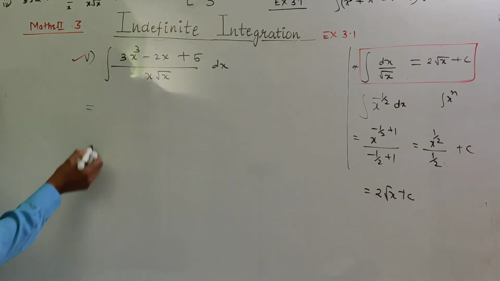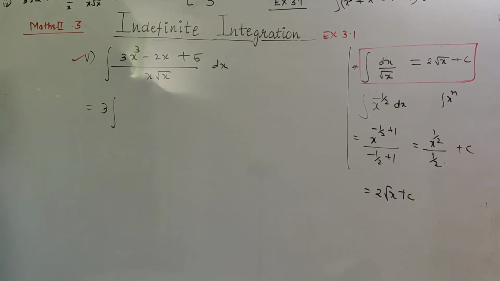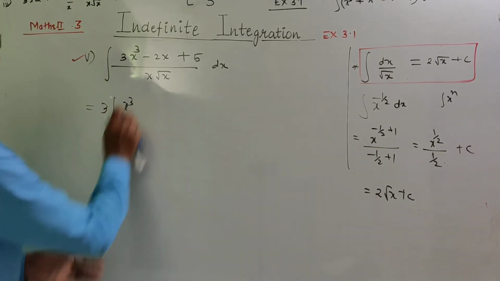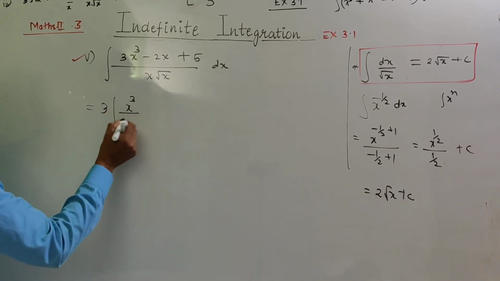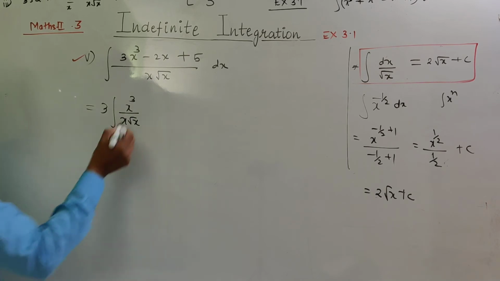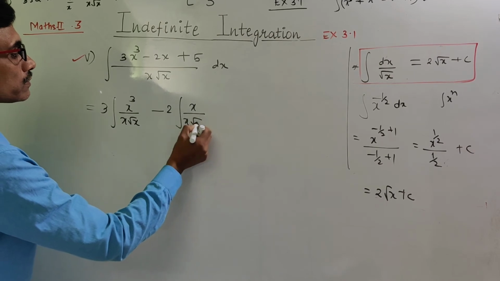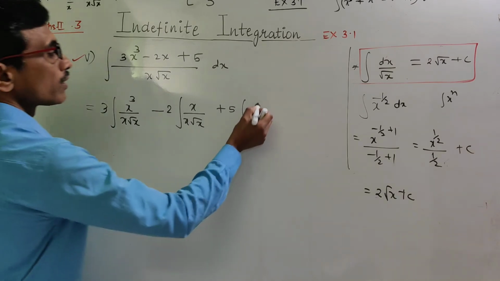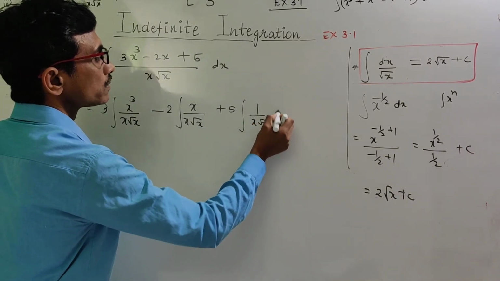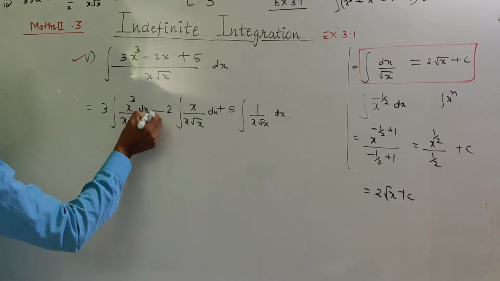So in this way we separate. 3 constant है, so 3 constant will be outside the integral sign. अभी x cube upon x root x, then minus 2 constant x upon x root x plus 5 constant 1 upon x root x dx. Dx we write, here also we write dx.